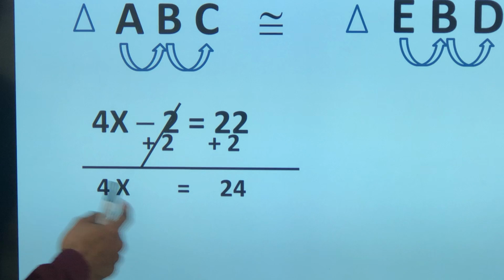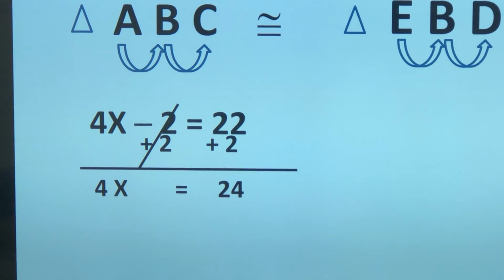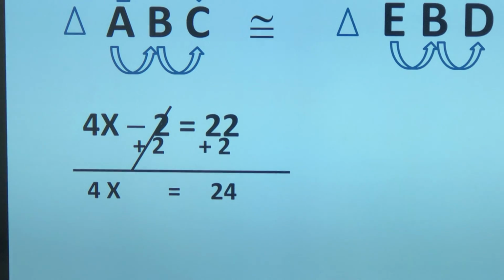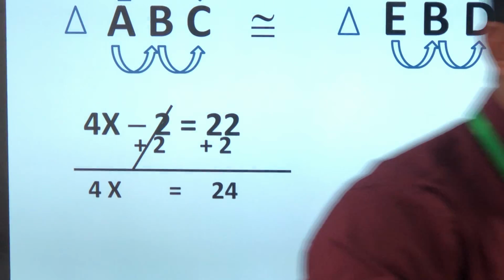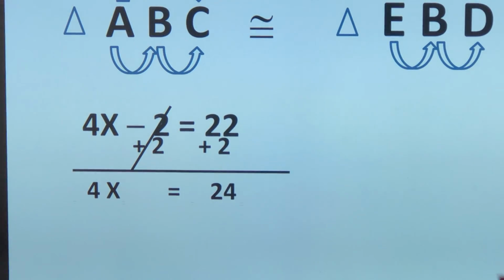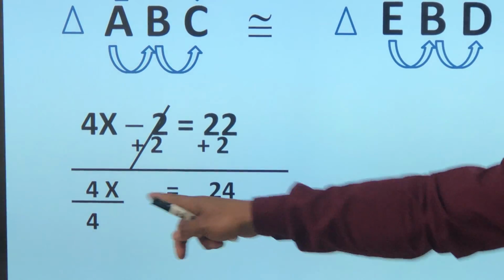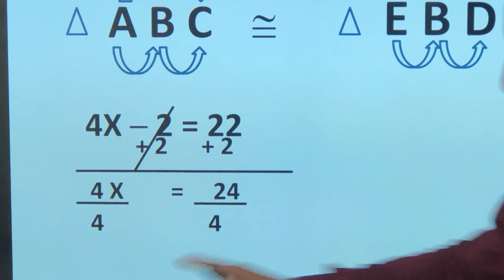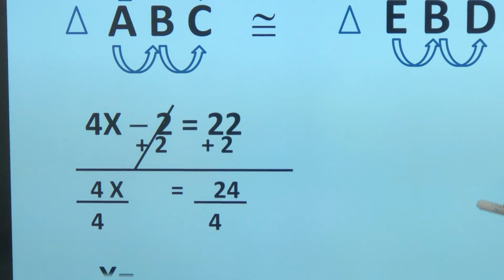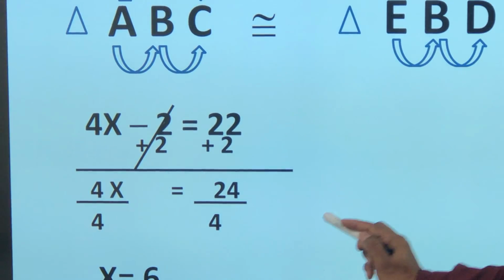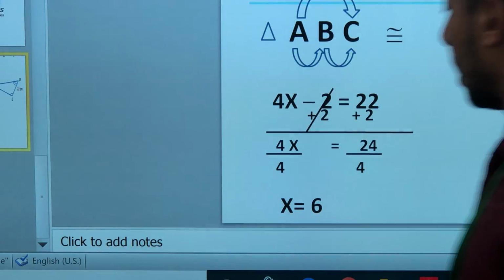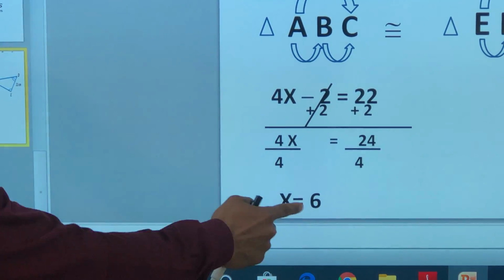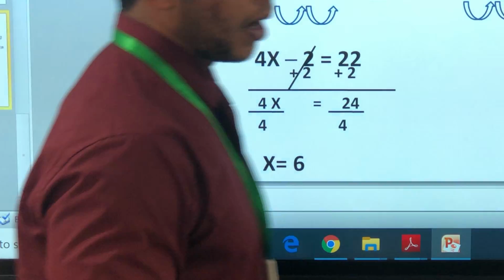How can I find x? 4x means 4 times x, and the opposite of multiplication is division. So divide by 4 on each side. Cancel 4 with 4, so x is equal to 6.